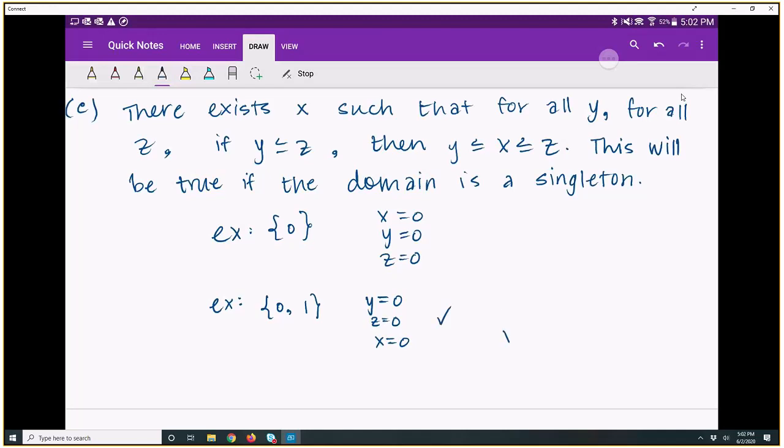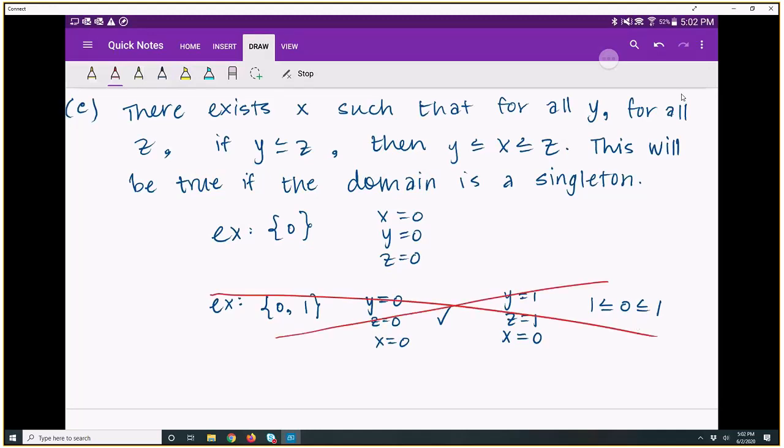So x equals 0, but what if y is equal to 1 and z is equal to 1? Then I will have y is less than or equal to z, so the hypothesis of my if-then statement is satisfied, but y less than or equal to x less than or equal to z would be 1 is less than or equal to 0 is less than or equal to 1. Clearly not true, so this domain of definition will not work either.